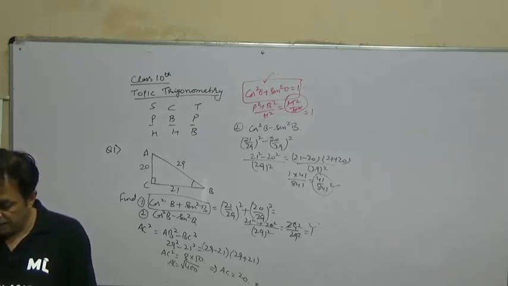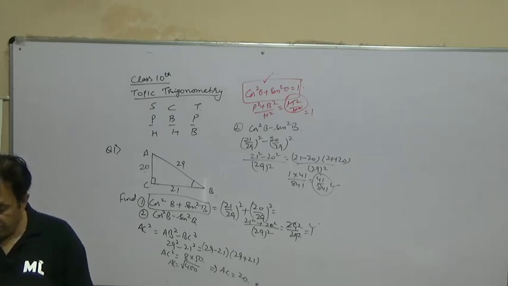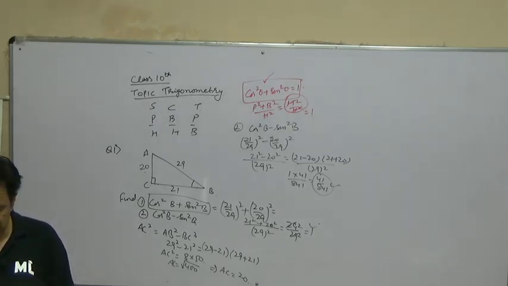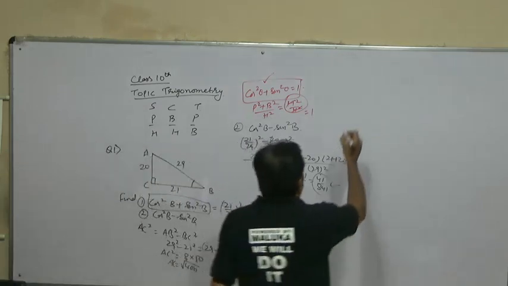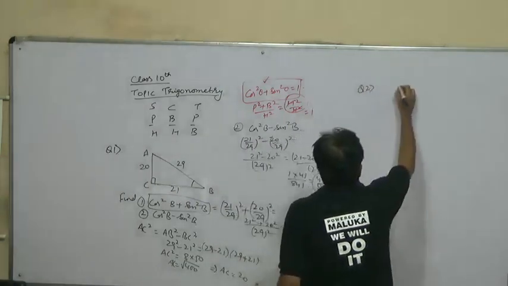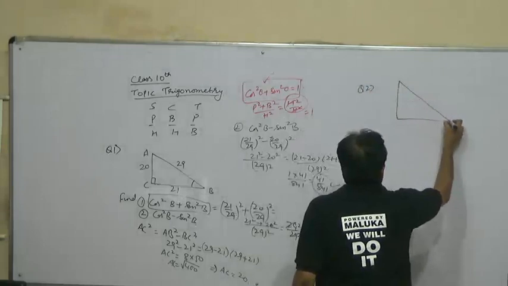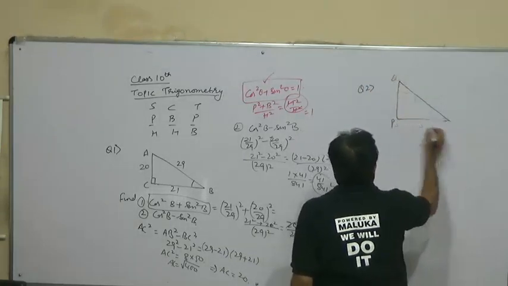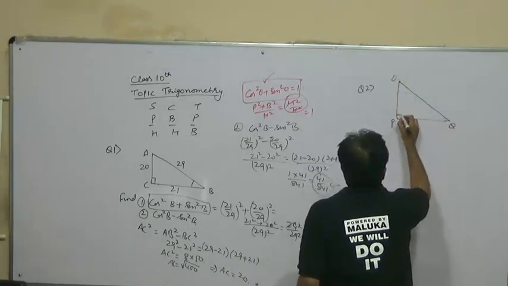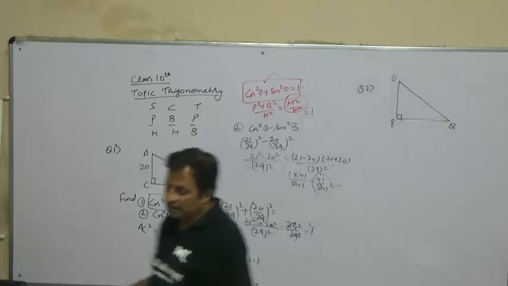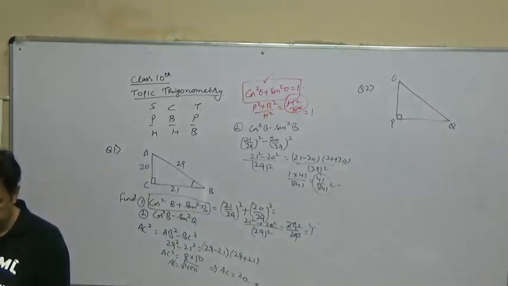Then next is, we have got triangle OPQ, P is right angle. Second question. OPQ, P is right angle, and what else are we given here? OP is 7 centimeter.